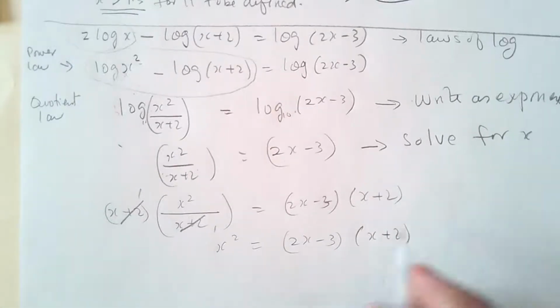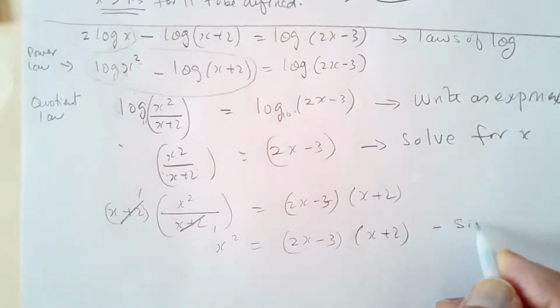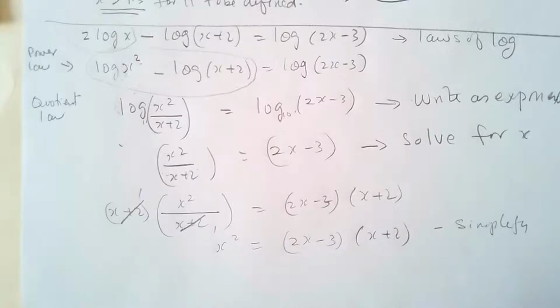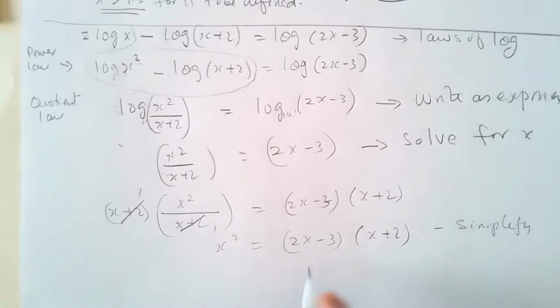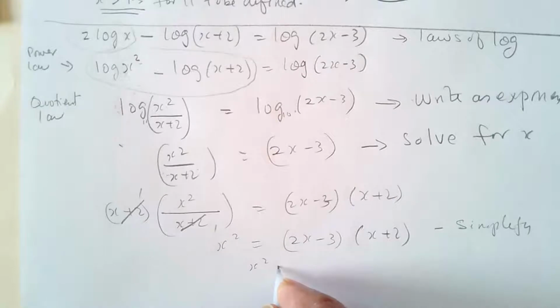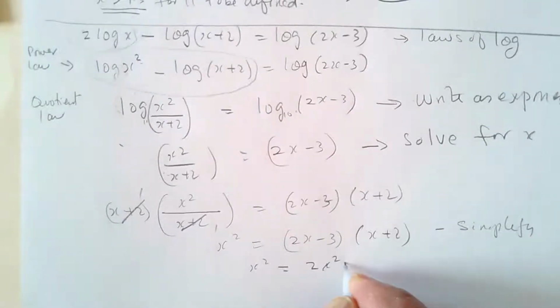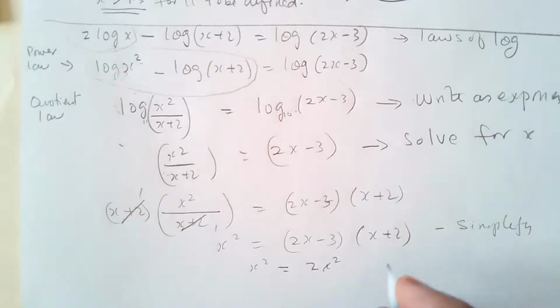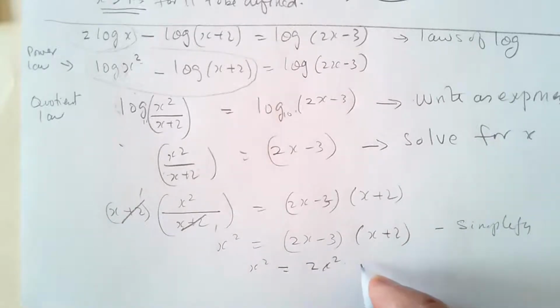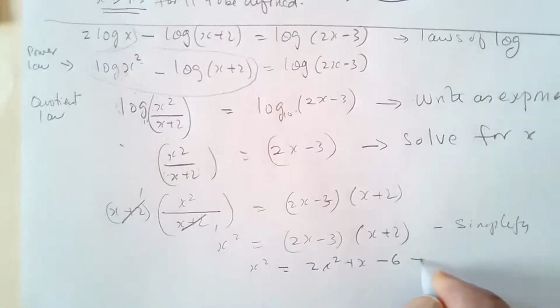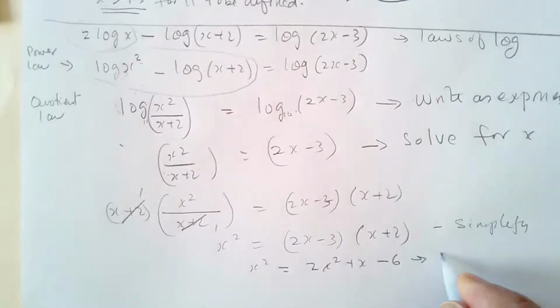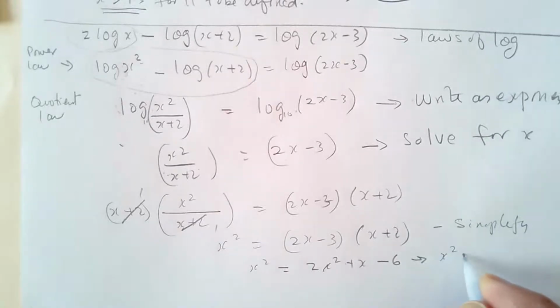We simplify. And we end up with x squared is equal to 2x squared plus 4x minus 3x minus 6, which will be plus x minus 6. So simplify further, we'll have a final answer of x squared plus x minus 6 equals 0.